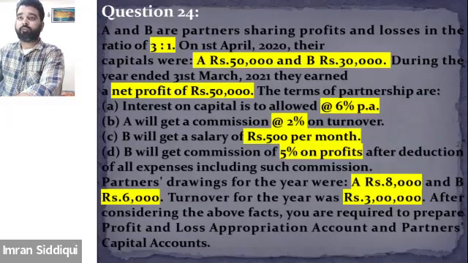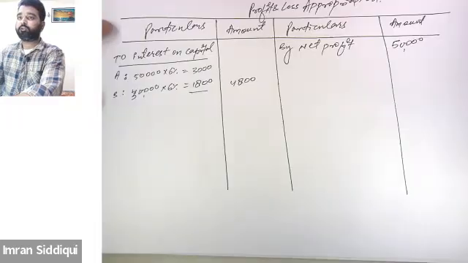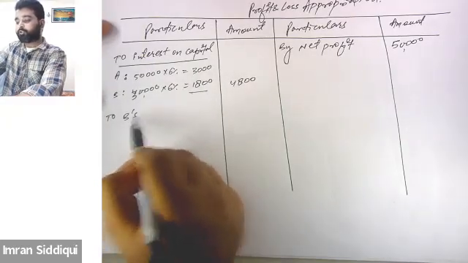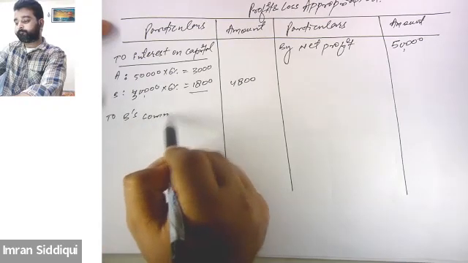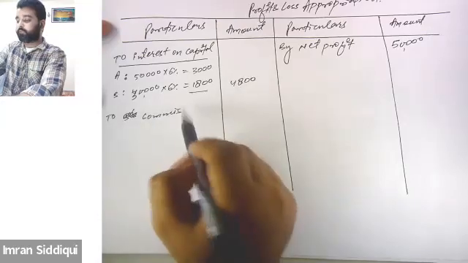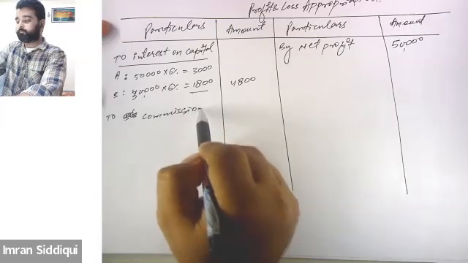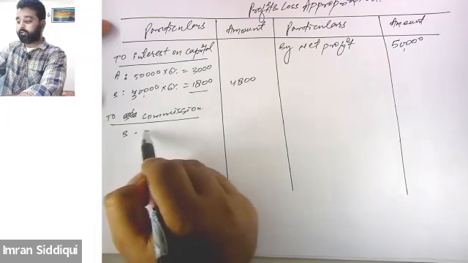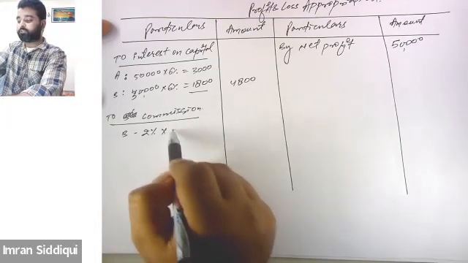Now move to point B. Point B says A will get a commission of 2% on turnover. All right. So now we will calculate A's commission. Let's put the heading commission. A will be getting commission at the rate of 2% of the turnover. Turnover is 3 lakh.